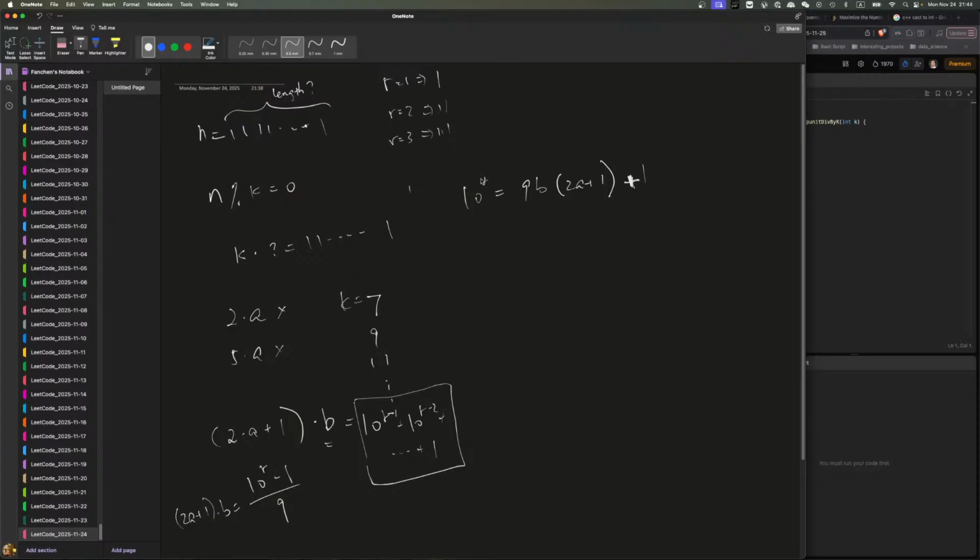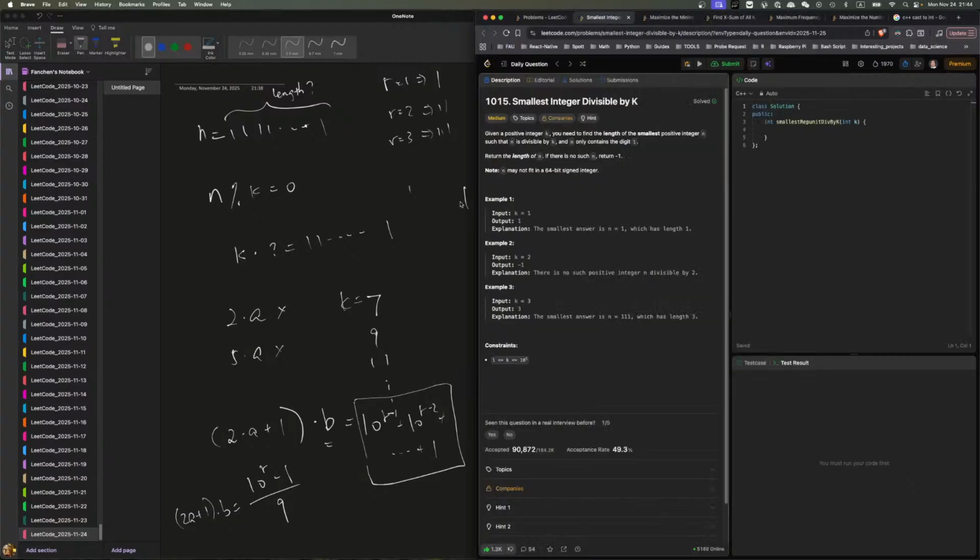So we can try r equal to 1. If r equal to 1, a can be 0, 1, 2, and so on. B can be 1, 2, and so on. So let's say a is 0, and then b is 1. Wait, hold on. So what do we have?